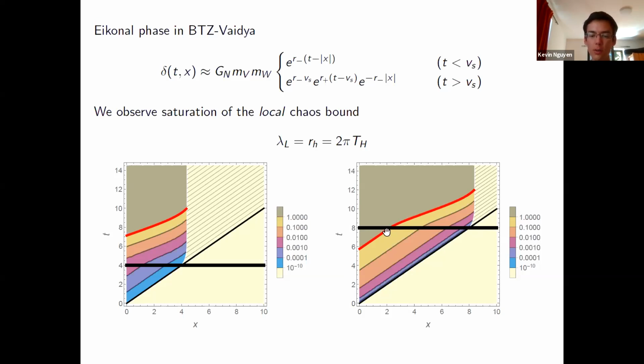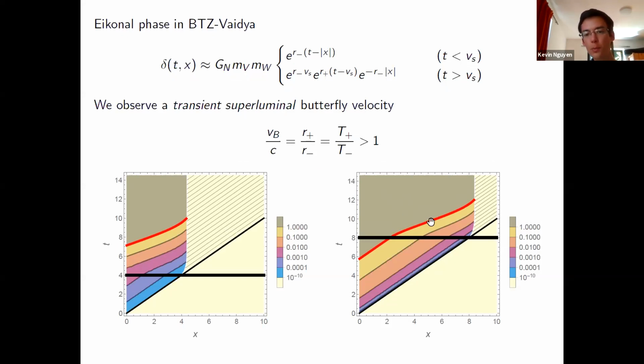But after energy injection, this red line, which indicates the extent of the region where scrambling has been efficiently performed, goes from unit slope to some smaller slope. It means in particular that the butterfly velocity becomes superluminal right after energy injection. In fact, you can compute what the butterfly velocity is right after energy injection. It's the ratio of temperatures, and it's indeed bigger than 1.